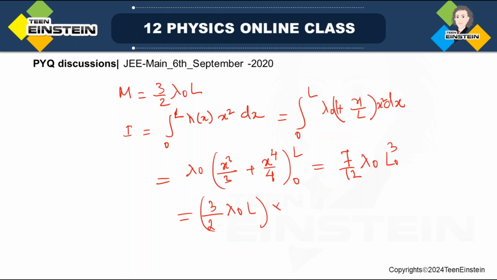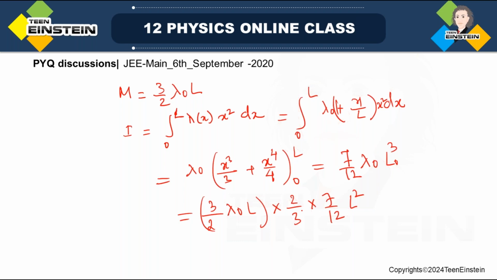You just multiply 2 by 3 instead, and L square is there, and also we have 7 by 12. So I have just multiplied 3 by 2 here, 2 by 3 here, 7 by 12 into L square.